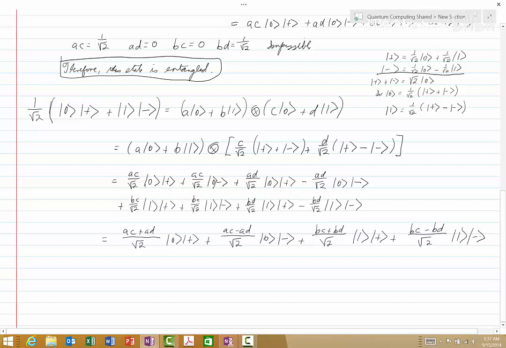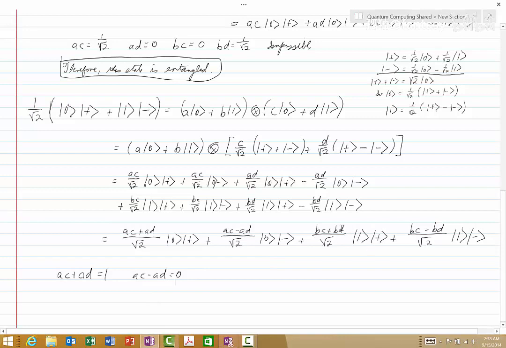And when we compare this to the left hand side, we get AC plus AD is equal to 1, and that's what we get by taking this 0 plus term here and comparing it to this 0 plus term. We have square root of 2 in the bottom in both cases, so just AC plus AD must be equal to 1. There's no 0 minus term up here, so AC minus AD must be 0.